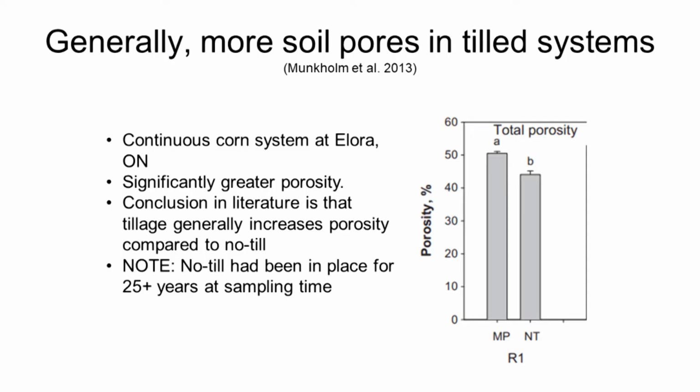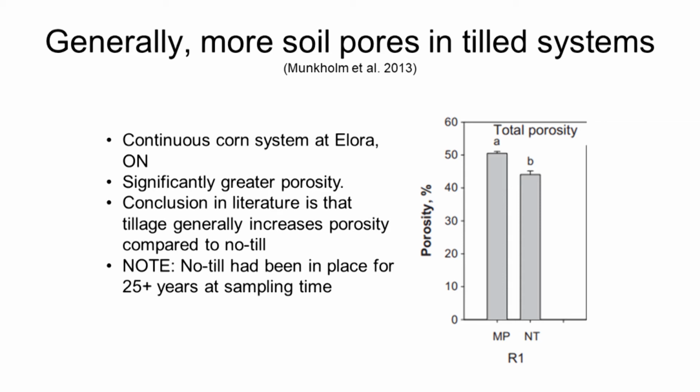This is data from a long-term tillage trial that Professor Bill Dean, recently retired, has been in charge of. This data was taken after 25 years of continuous corn under either no-till or fall moldboard plow. And you can see here a statistically significant difference in soil porosity. Now, this is statistically significant. Is it biologically relevant?